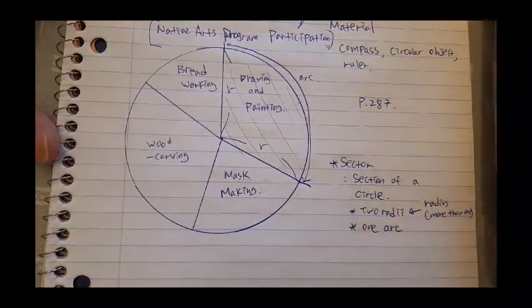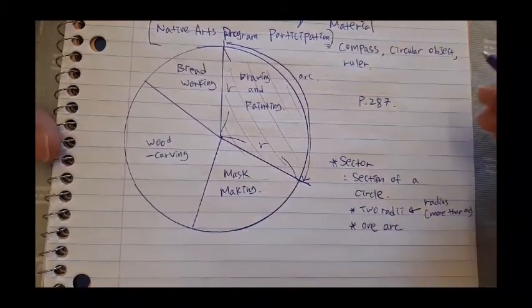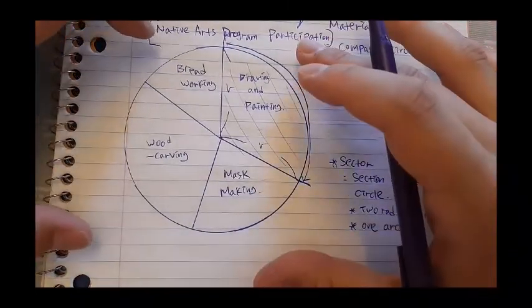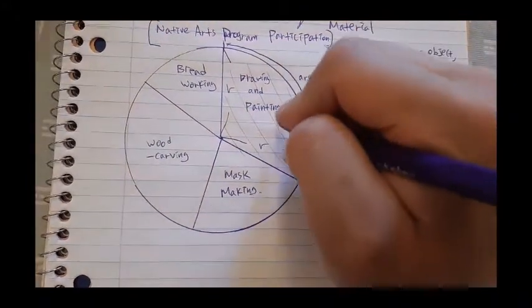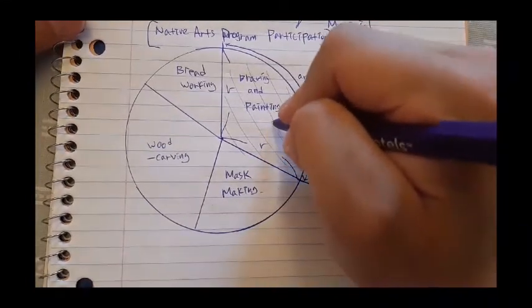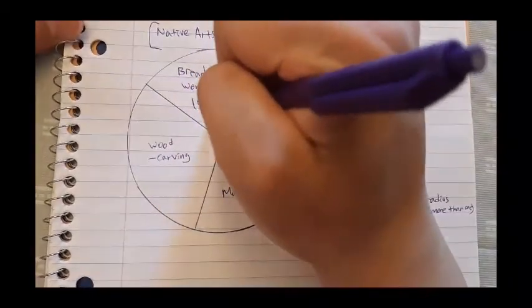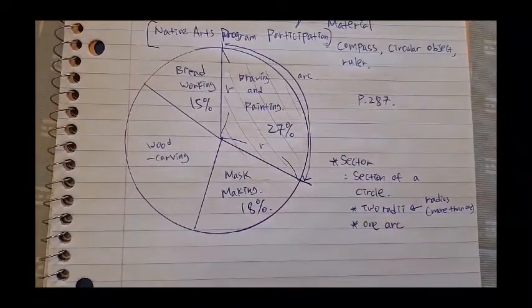And each sector has to have a percentage. In this situation, I am going to create a quick example. It's not fully shown in your textbook; it is an on-the-spot improv situation. Imagine this is 27%, 15%, 18%, and I need to, actually it's probably a good idea to make wood carving 27, but let's just figure out.